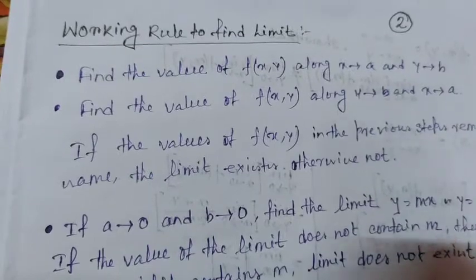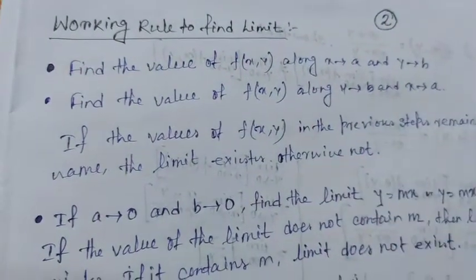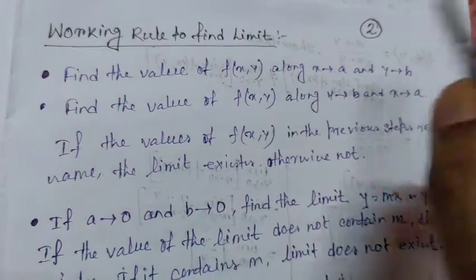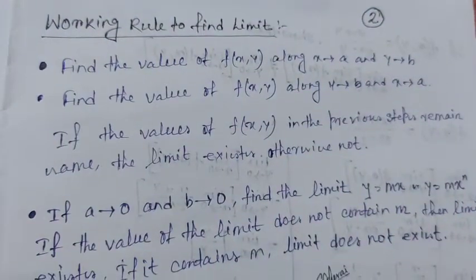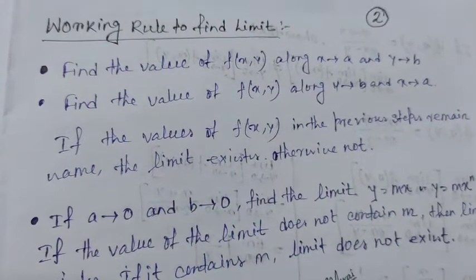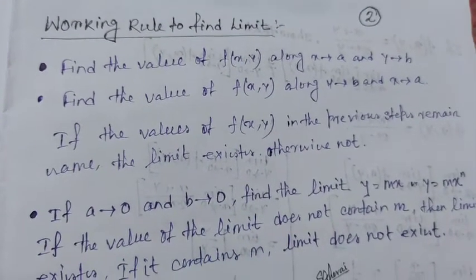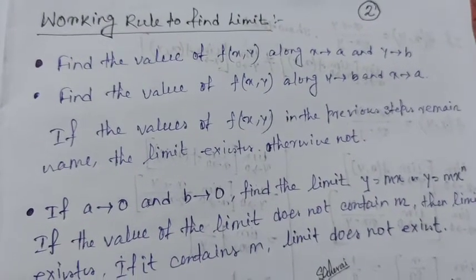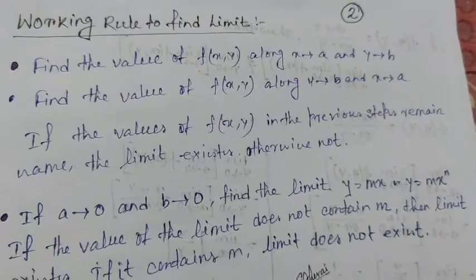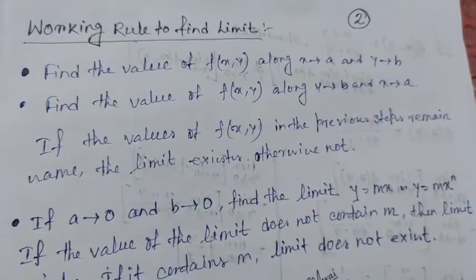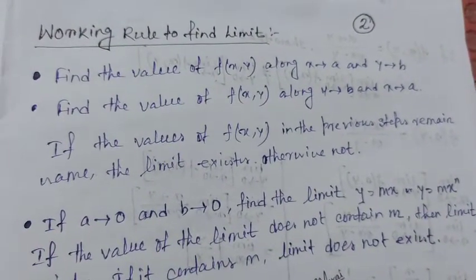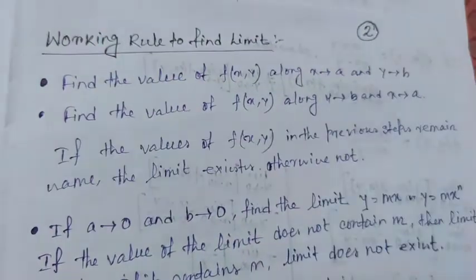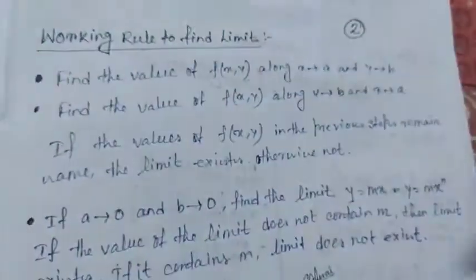One thing to remember here is that the points a and b are not equal to 0. So the rule is to find the value of f of x, y along x tends to a and y tends to b, and also vice versa, along y tends to b and x tends to a. If the values in these two steps remain the same, then the limit exists, otherwise not.